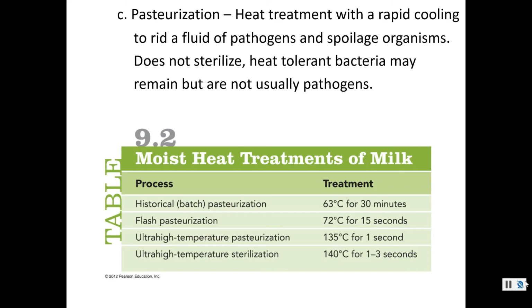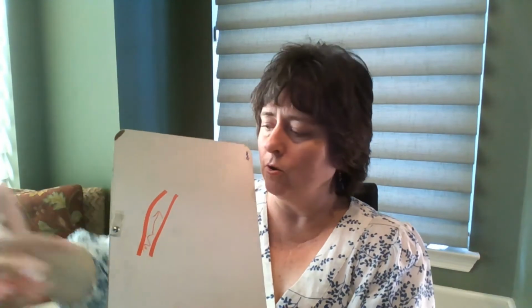All right, so I'm going to draw on the board for this. So I'm going back to my handy dandy whatever. How does this work? How do we do that? I'm going to run my liquid through a pipe that is heated. So here's my pipe, here's my liquid running through my pipe. The pipe is heated. I can control how long it's in this pipe, and I know how long it needs to be in this heated pipe to get a liquid to a certain temperature.